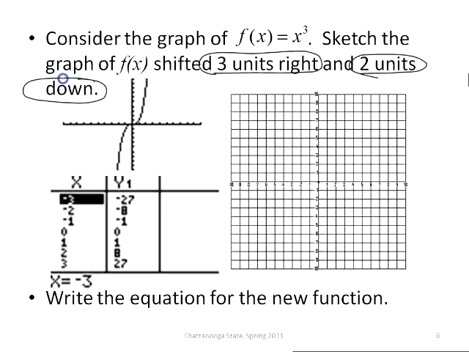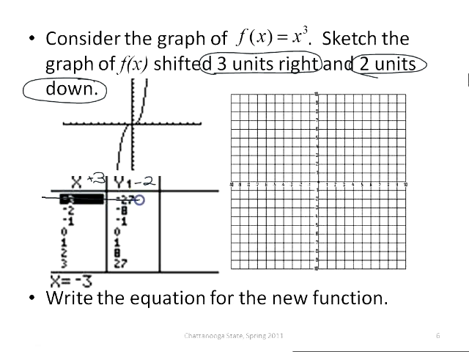So I'm going to play with my ordered pairs here. If I shift it 3 units to the right, what that's actually going to do to my x coordinates is it's going to add a 3. Now, what it's going to do to the y to shift it 2 units down is I'm going to subtract 2.